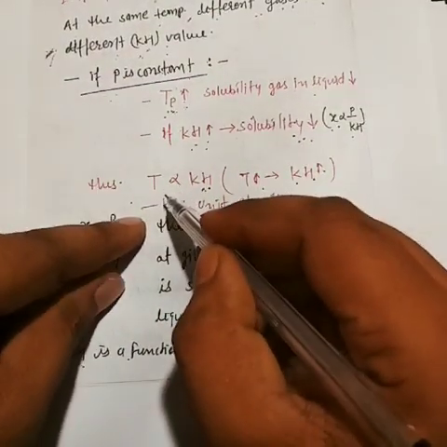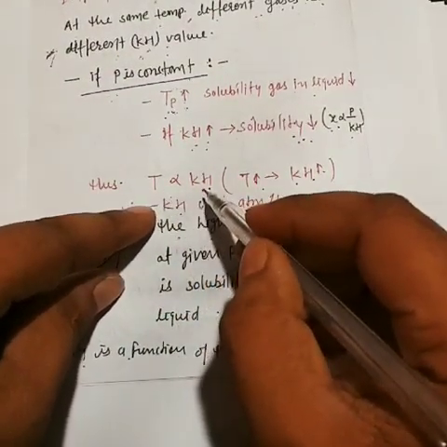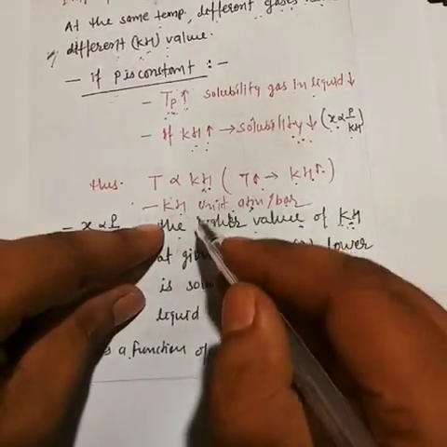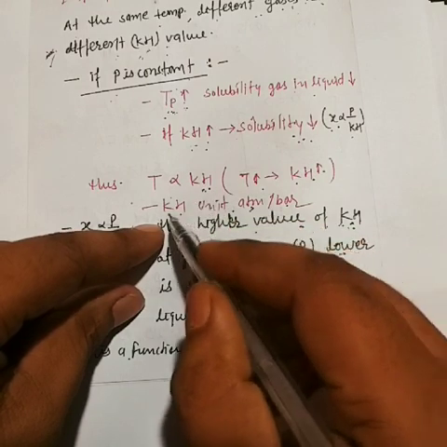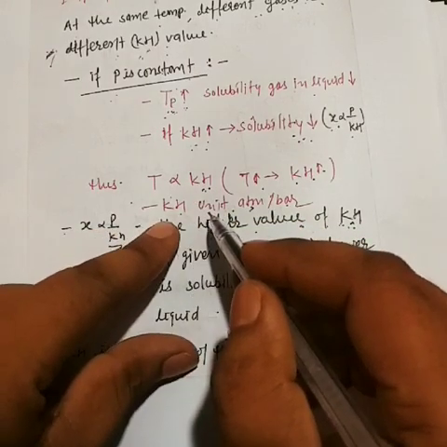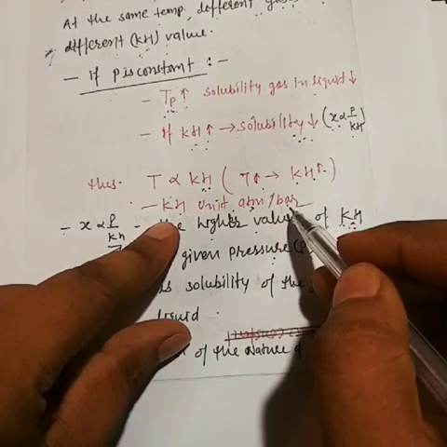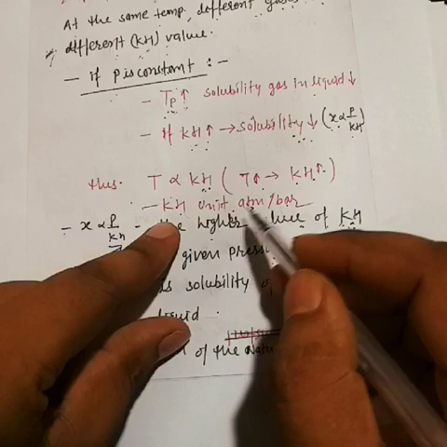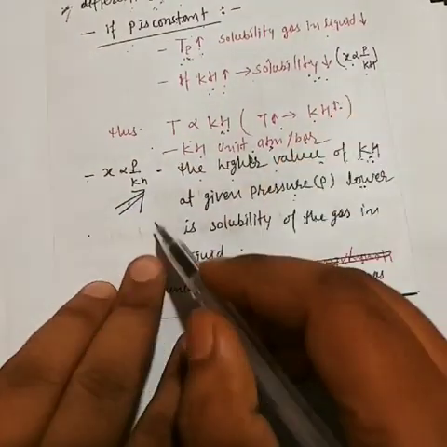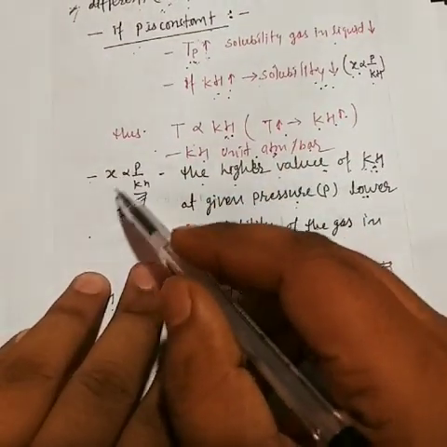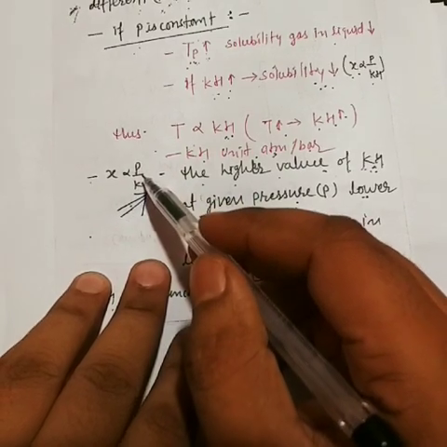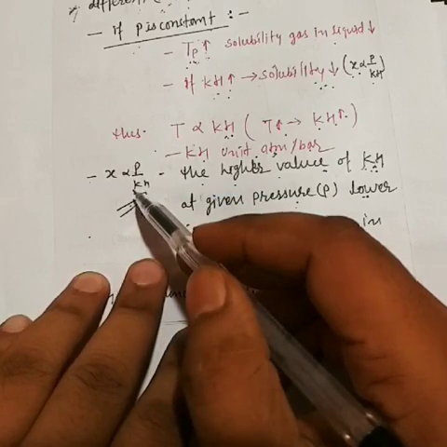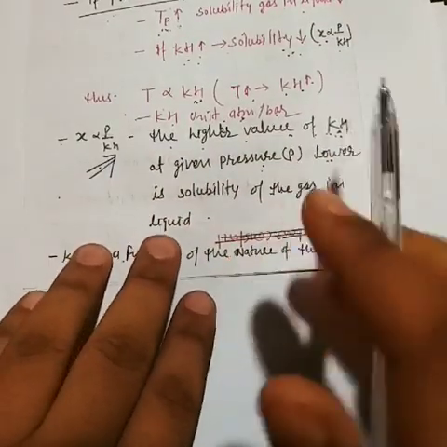That means if we raise the temperature, the Henry constant will also be raised. The unit of Henry's constant is atm or bar, etc., but we take atm or bar. Now on the basis of these equations, mole fraction is directly proportional to P, or P is directly proportional to mole fraction. Now I am writing it a bit differently, so don't be confused, my dear friends.